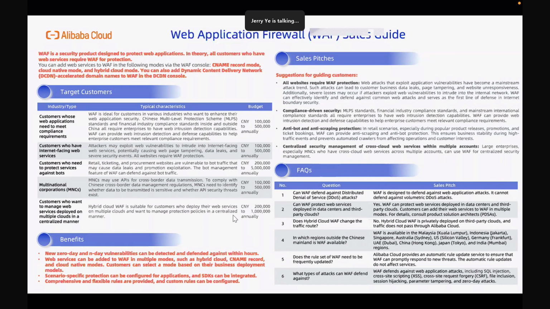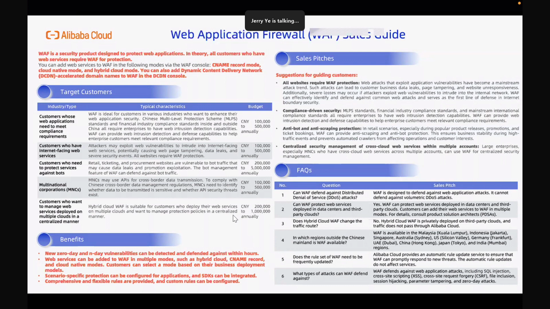The next one is that scenario-specific protection can be configured for the applications. For some of our users, we provide the WAF SDK plan, and the WAF SDK can be integrated with their app, Android or iOS.